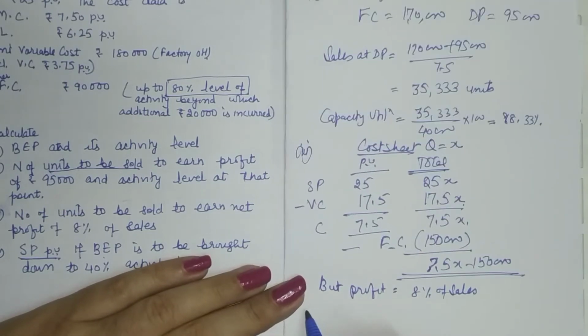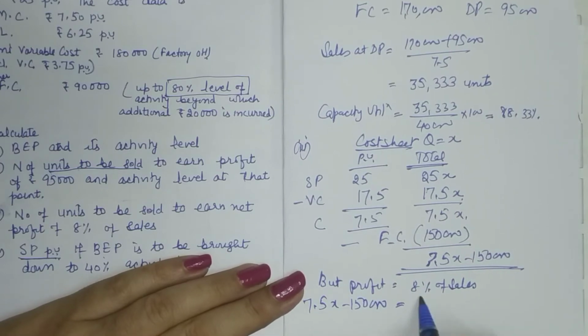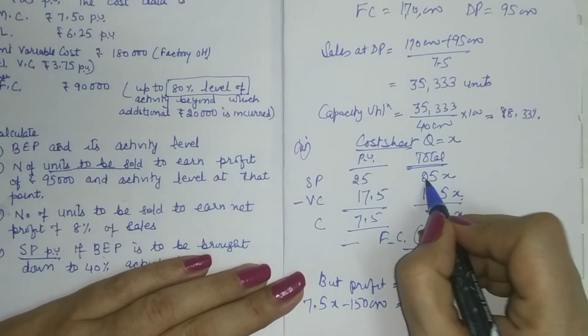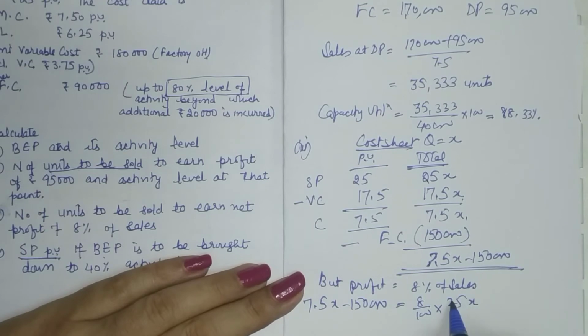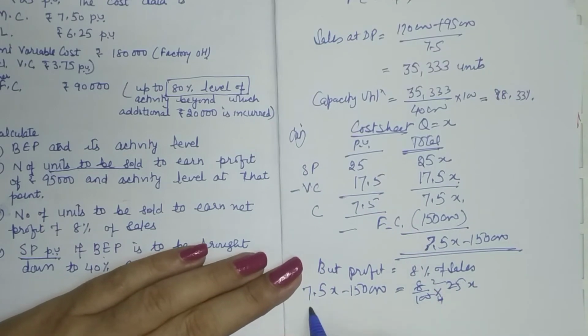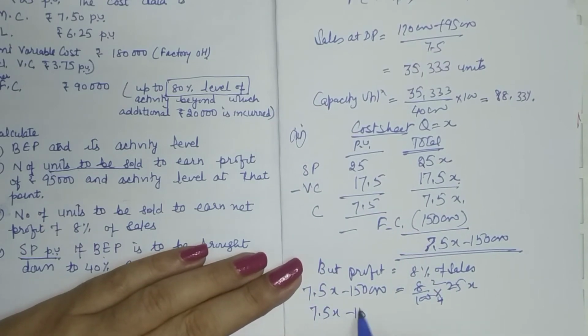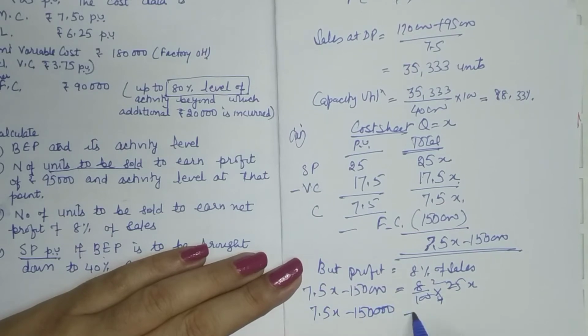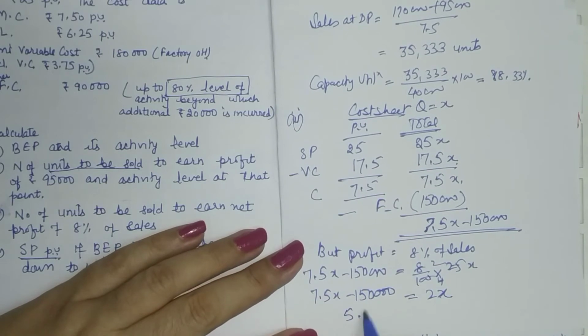But the profit at this level is 8% of sales. That is, 7.5x minus 1,50,000 should be equal to 8% of sale, which is 25x. So 2x. So 7.5x minus 1,50,000 is equal to 2x. So solving this for the value of x.